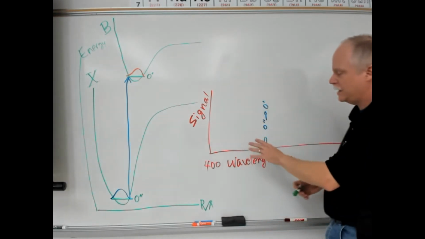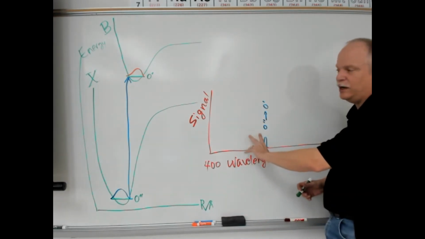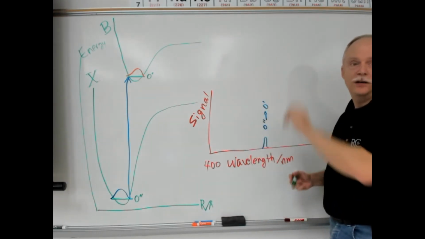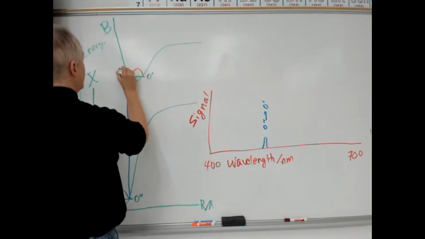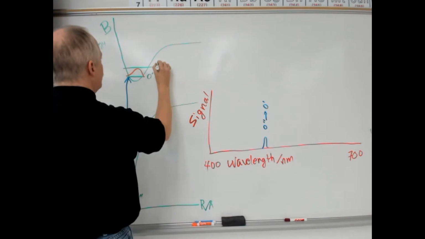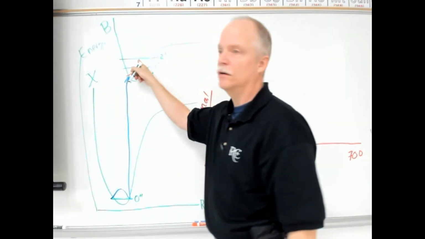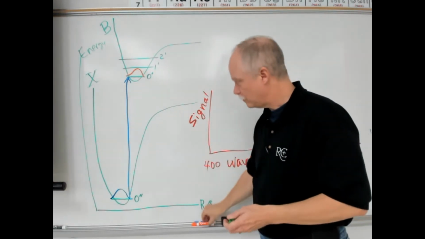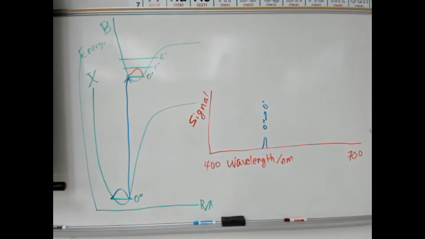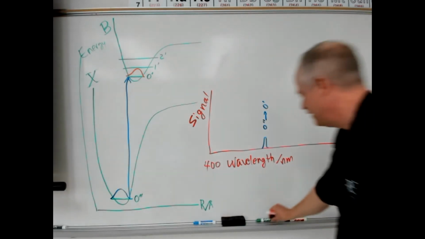For simplicity's sake, let's just do three transitions in the absorption. So I'm going to draw two more levels up here. I'm going to call that 1 prime and 2 prime.